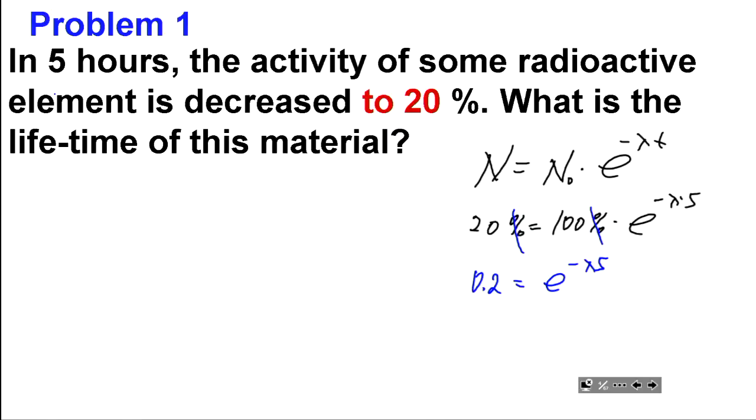We have to figure out how to isolate an unknown. In this situation, the lifetime is directly related to the decay constant, and if we find decay constant, we can calculate the lifetime.